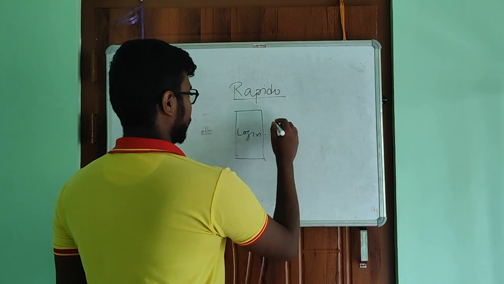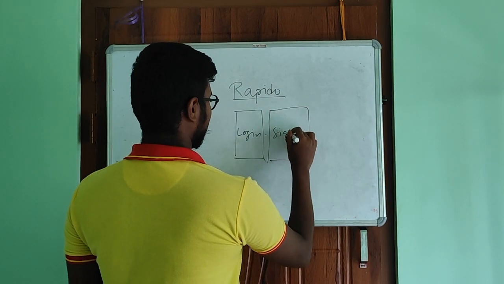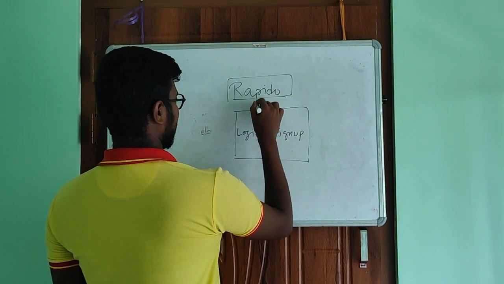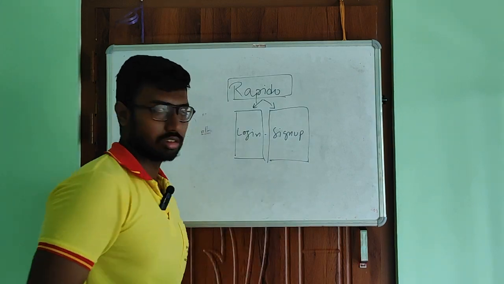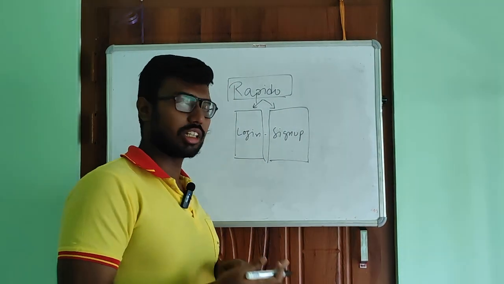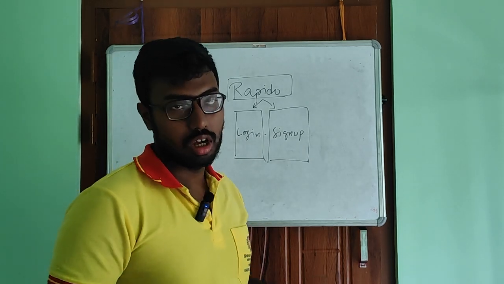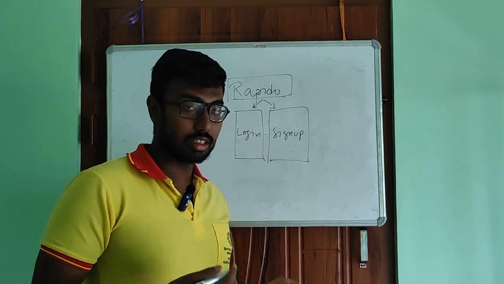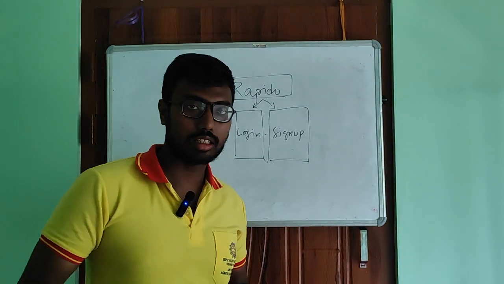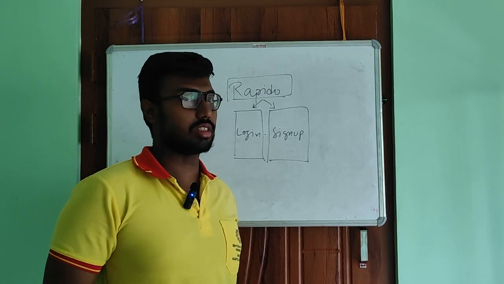You do sign up. So this request you are making, so whatever you are doing in the application, logging in, signing up, liking a Facebook post, sharing a post, WhatsApp status, Instagram post, everything is a request. In computer science terminology, everything is a request you are sending to the server.